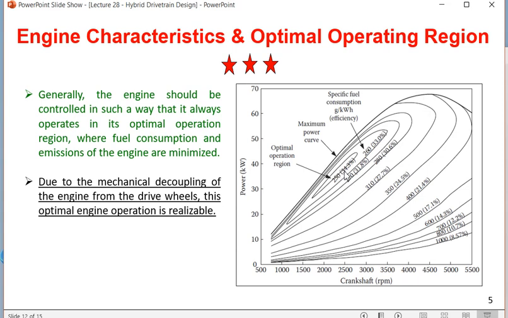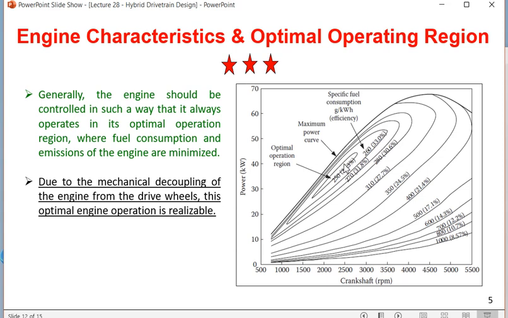This is called specific fuel consumption, in gallons per kilowatt hour. In these other directions, energy is more, but fuel consumption is also more. But whenever you are driving in this region from 60 to 120 kilometers per hour, with comparatively less fuel consumption the vehicle is generating high output power.